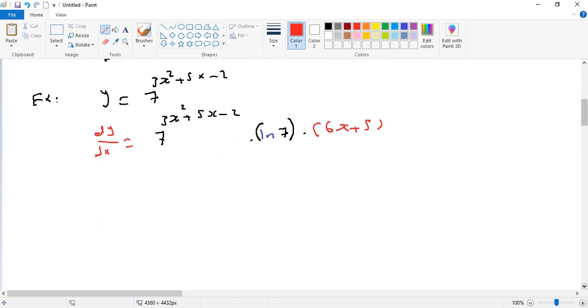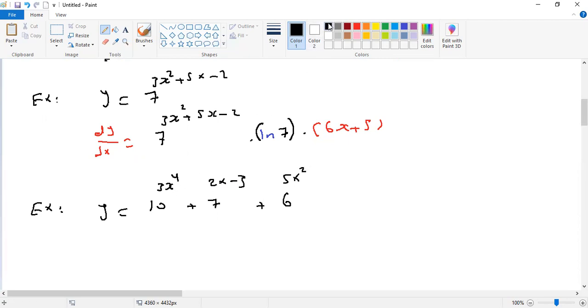Another example. We have y equals 10 to the power 3x to the 4 plus 7 to the power 2x minus 3 plus 6 to the power 5x squared.